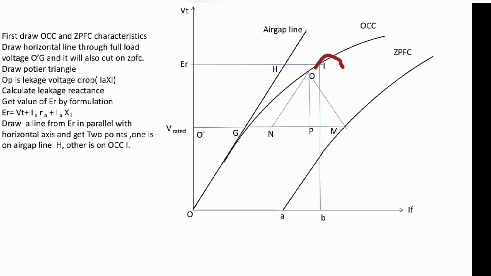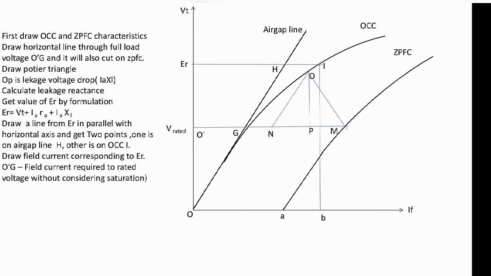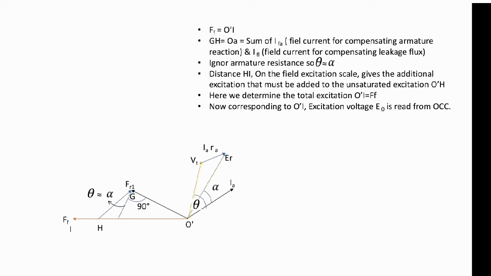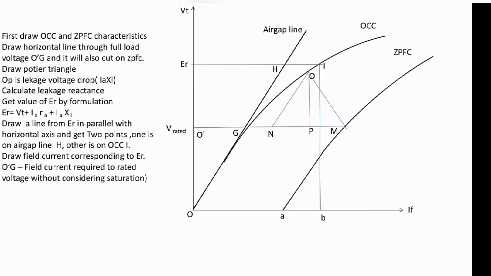Okay, you see this is G. This is the important point, so I draw it. Then after getting the field current, we get O dash G, as we told about O dash G. Here we add O dash G plus GH as vectors and get the value of O dash H, and after that we include saturation also, HI, because in this method we add saturation.